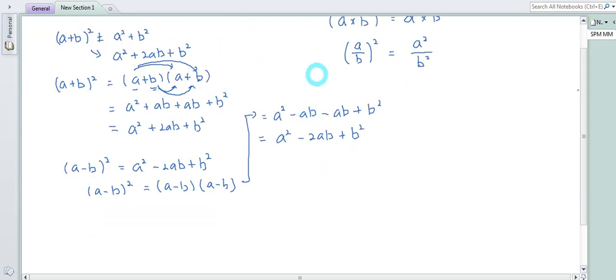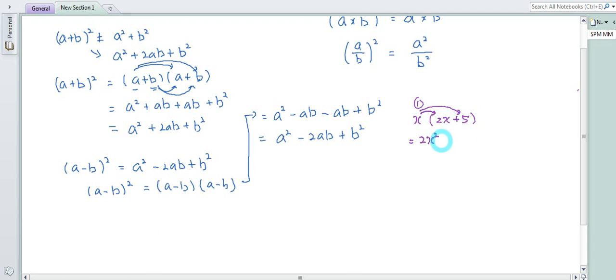Let's look at some examples. If you have x(2x + 5) and you want to expand it, you don't want this bracket, it's actually very easy. Multiply: x times 2x, you get 2x squared.